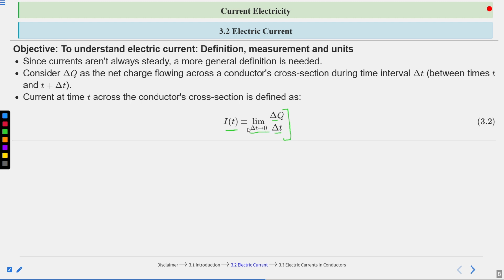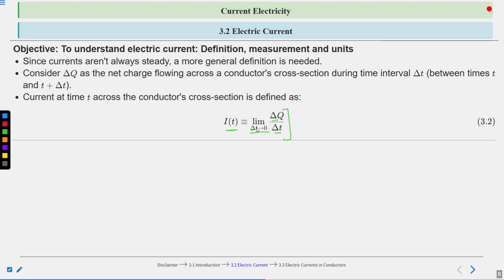What is this limit? Delta t tends to 0 means this time interval is nearly equal to 0, but not 0, so we say it tends to 0. It means we are reducing this time interval to a point of time, an instant.